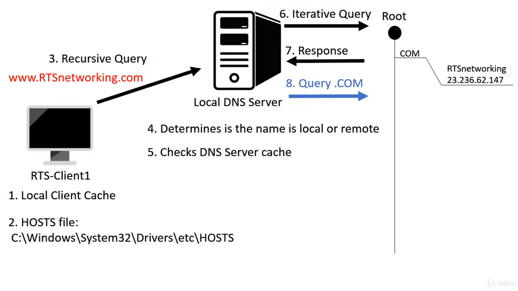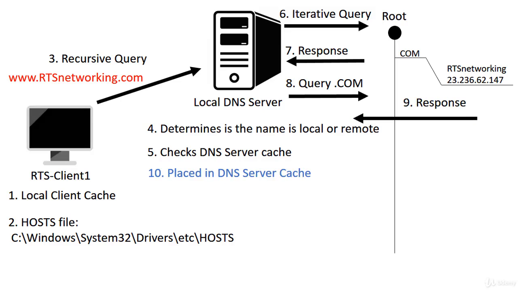The .com name servers will have a public host A record for that. So those servers know that RTS networking has an IP address 23.236.62.147. That is sent back to the DNS server. Now my DNS server is aware of the IP address that rtsnetworking.com, that name, resolves to.